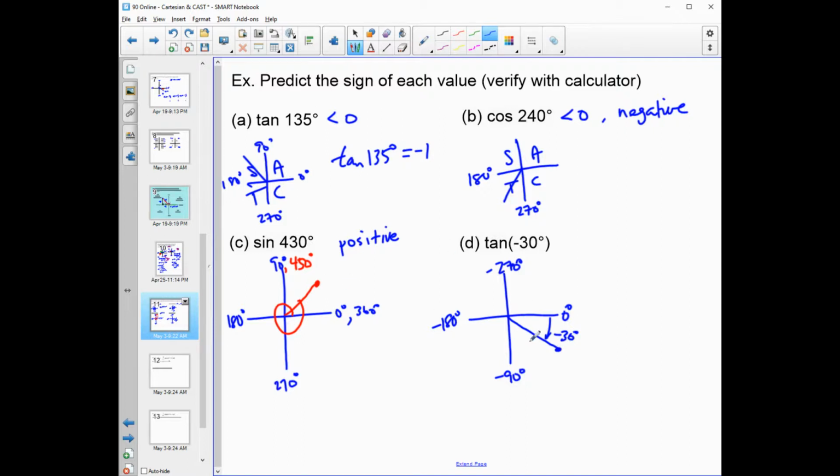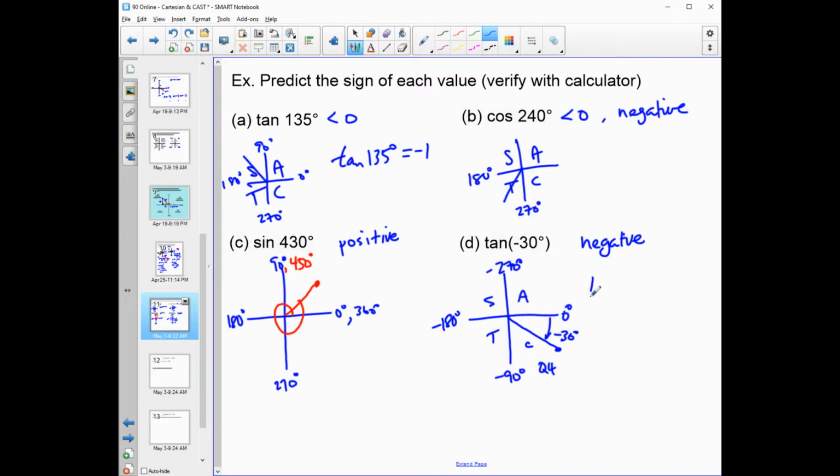Which quadrant are we in? C, A, S, T. We are in quadrant 4, where only cosine is positive, which means in this case, the tangent of negative 30 degrees. Remember, this negative is not referring to the angle itself.